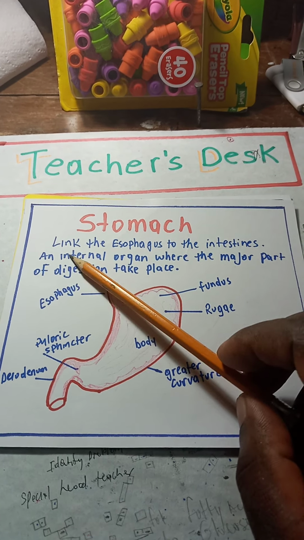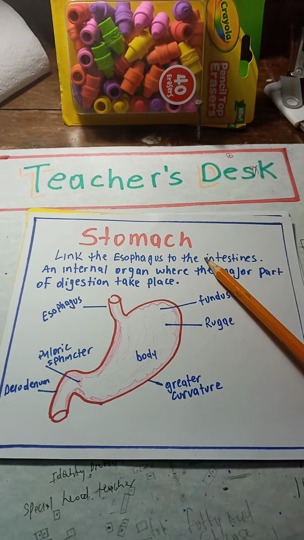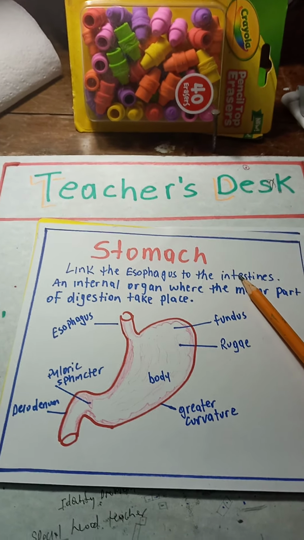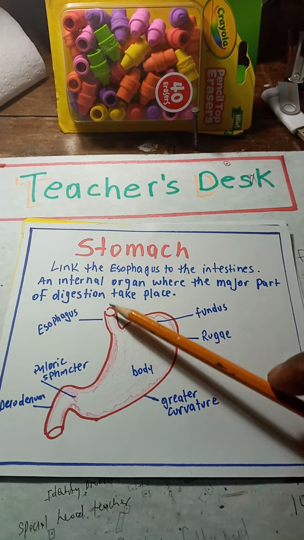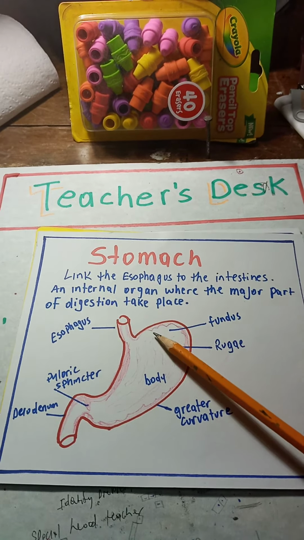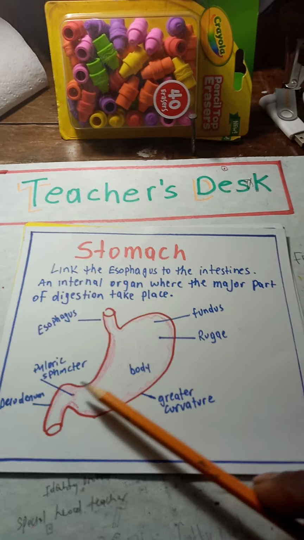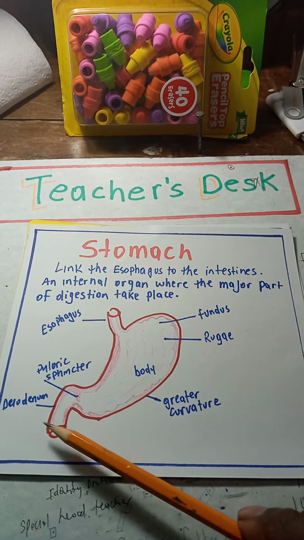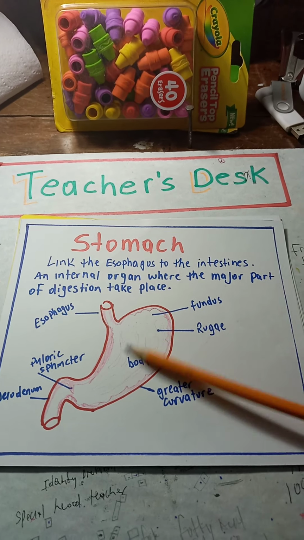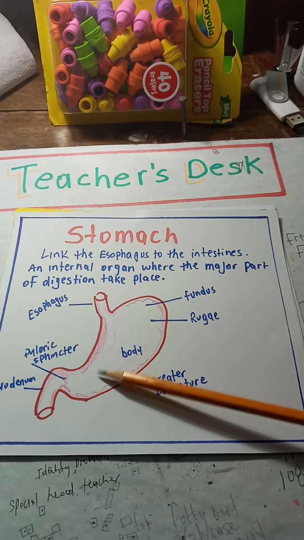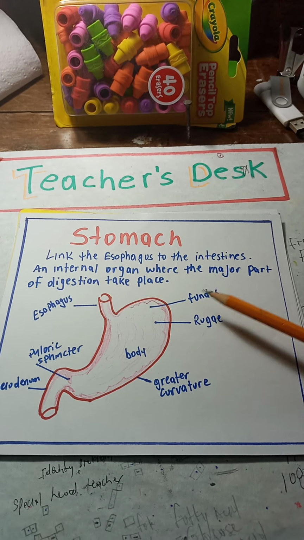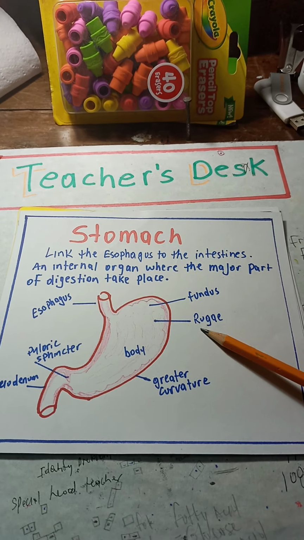So the stomach links the esophagus to the intestine. We're just connecting as we go along. The esophagus connects the stomach with the mouth, and now we have the stomach connecting the esophagus to the intestines, because the intestine is down here. Inside here is called the fundus, and this part is called the rugae.